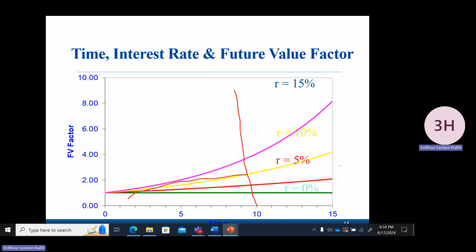So that's the positive relationship. You can understand it because there is the 1 plus r to the power n multiplication. Therefore, when the rate is increasing, the factor is increasing. When the time is increasing, the factor is increasing. So there is a positive relationship between time, interest rate, and future value interest factor.